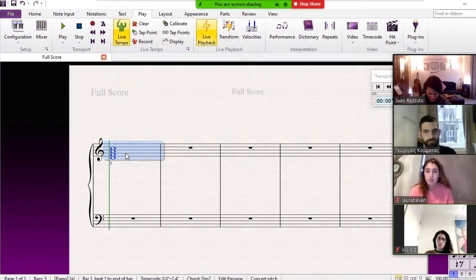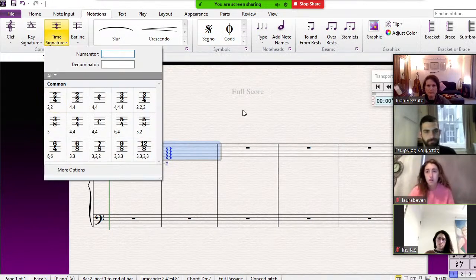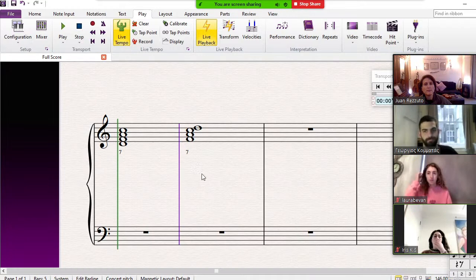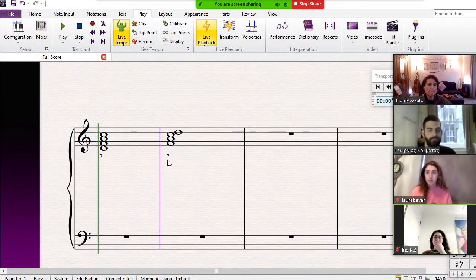Now, if I decide to do this, we have the first inversion where the third is on the bass. Yes, it's like the triads, but the figured bass has a very specific figuration.